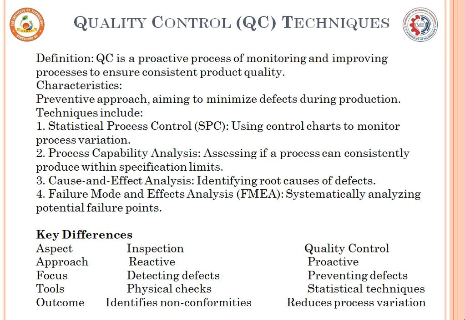The focus in inspection is detecting defects, whereas quality control focuses on preventing defects. As for tools, inspection uses physical checks, but quality control uses statistical techniques. The outcome of inspection is identifying non-conformities, while in quality control it is reducing process variation. Considering these key differences, you will be able to differentiate QC from inspection.